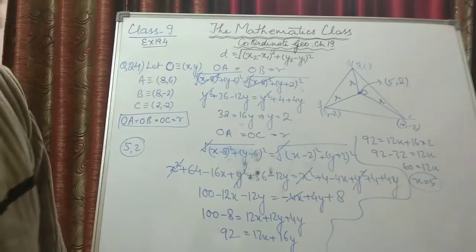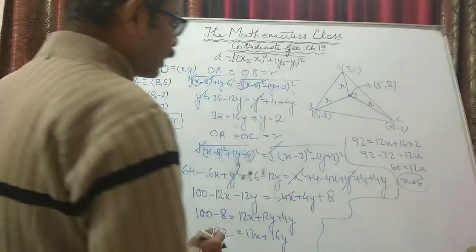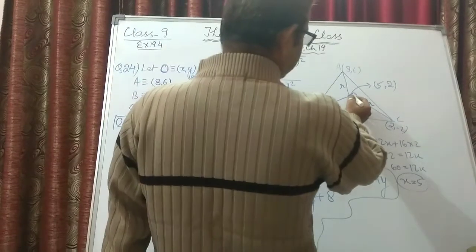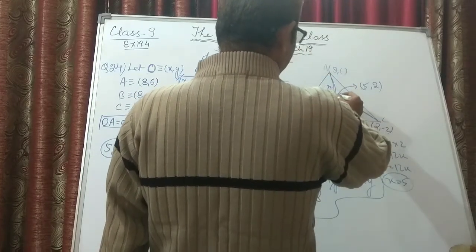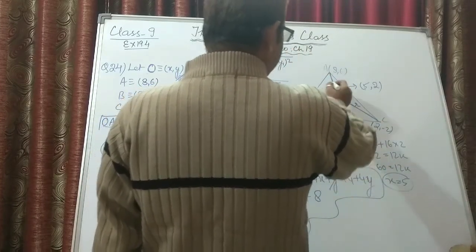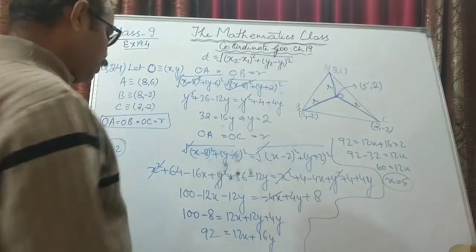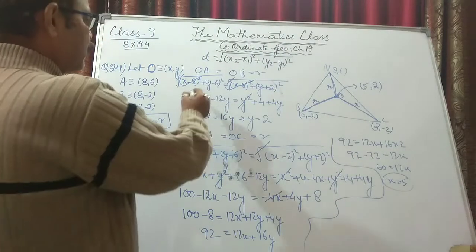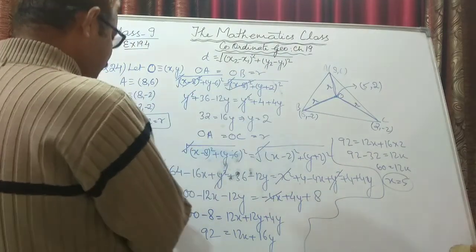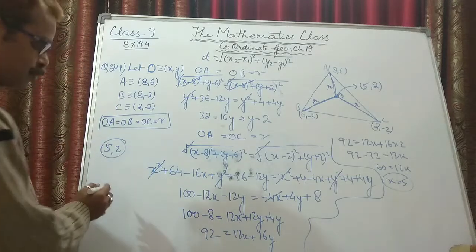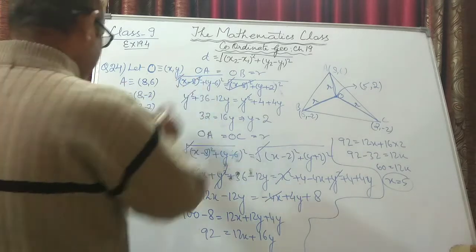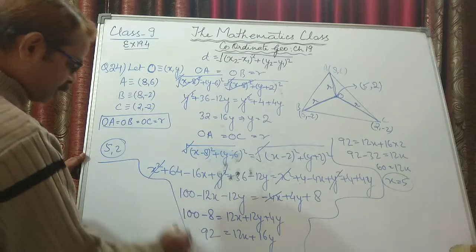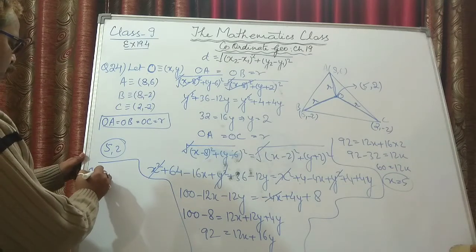And then they say also find the circumradius. Circumradius means either you find OC or OA or OB. All these three are the radius. So if we want to find the value of radius, let us put in any of the equations, let's say OA.